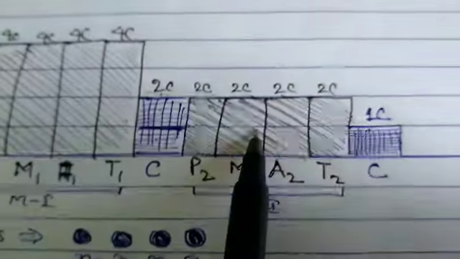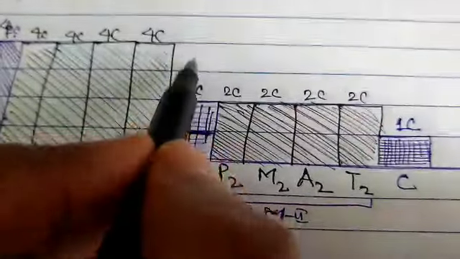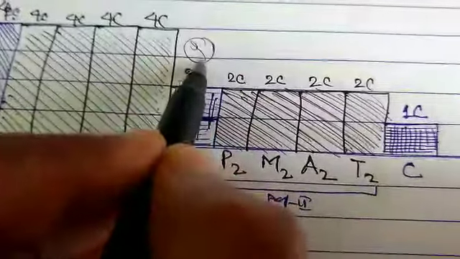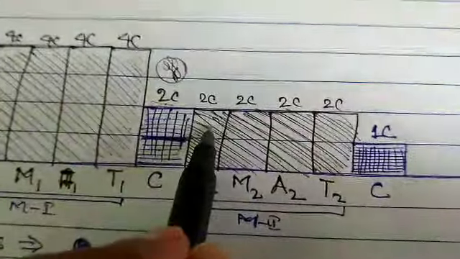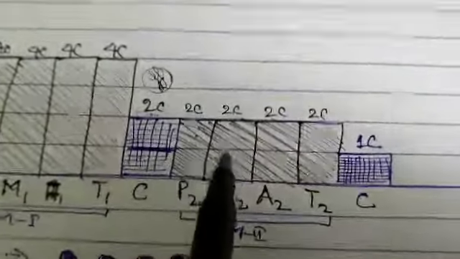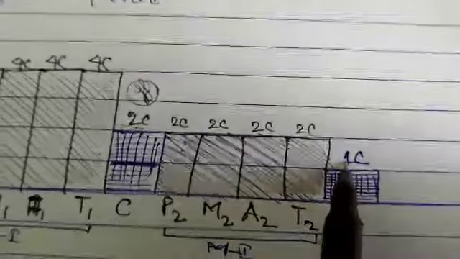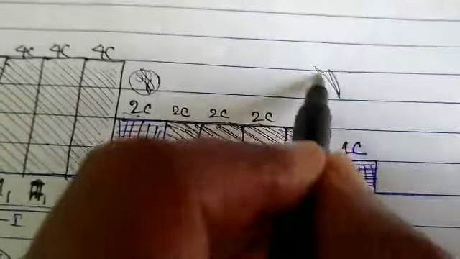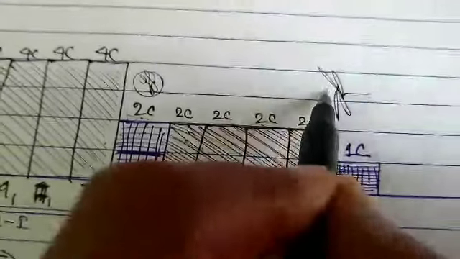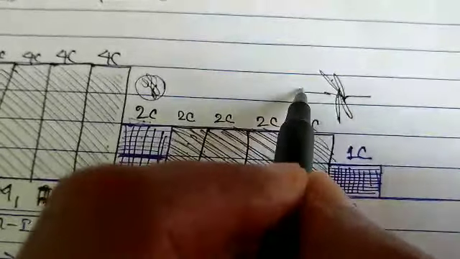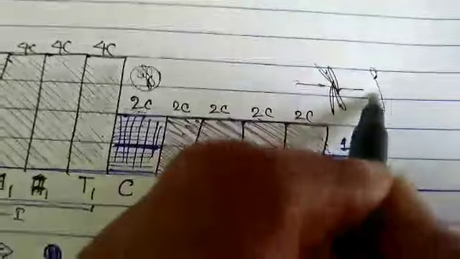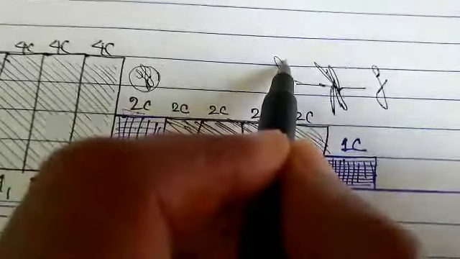Now meiosis II is important because the cell containing 2C DNA will now progress through prophase II, metaphase II, anaphase II, telophase II, and then after cytokinesis becomes 1C, because the sister chromatids separate as the centromere splits.